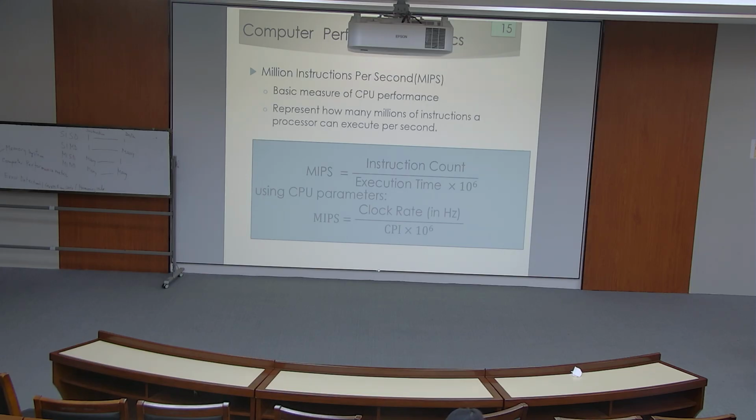The simple one is million instructions per second. If you still remember, this is the basic measure for CPU performance. It represents how many instructions a processor can execute per second.